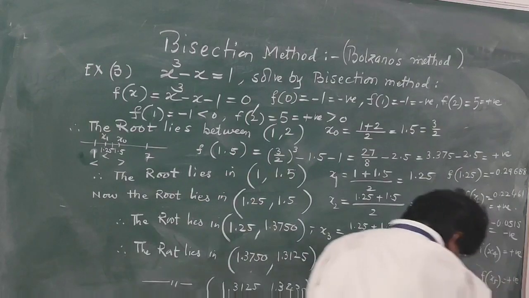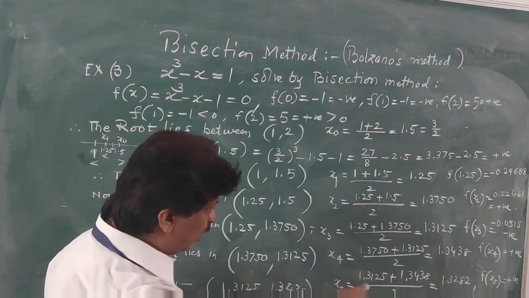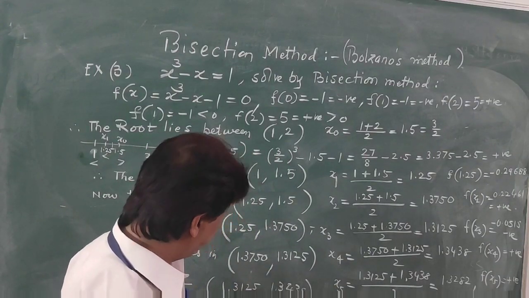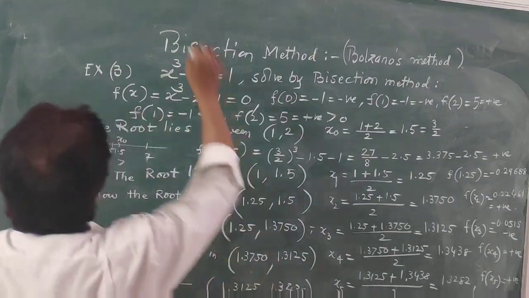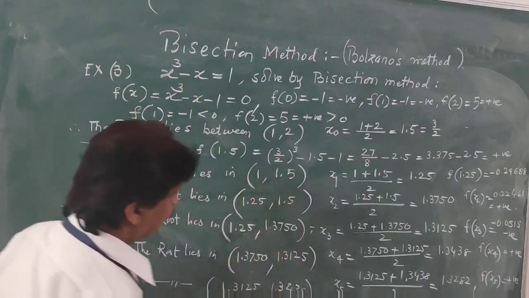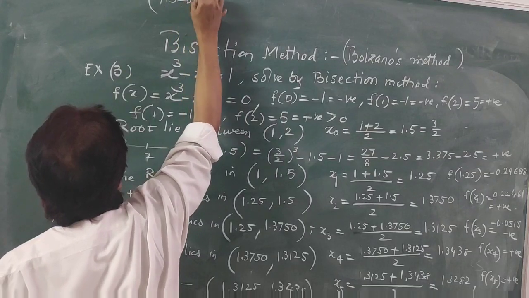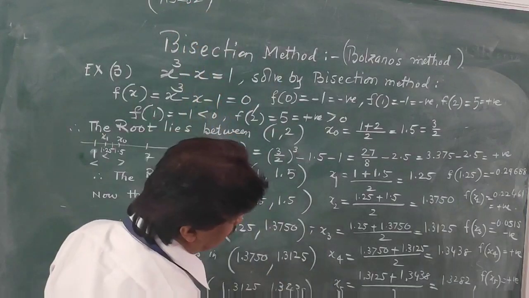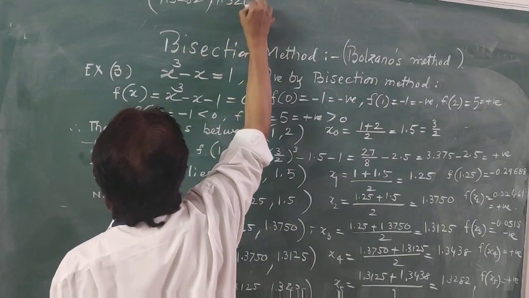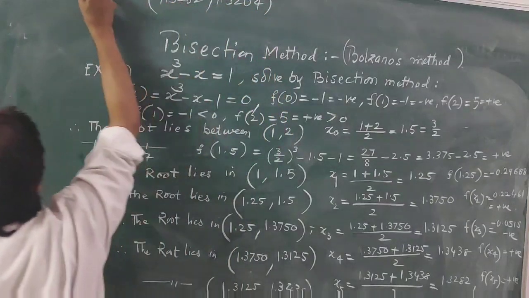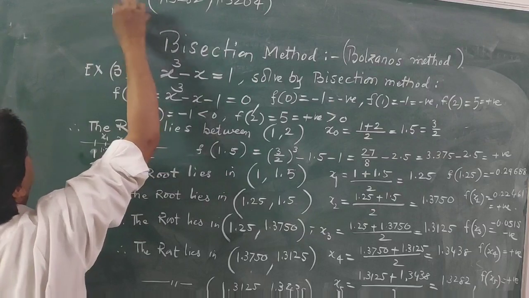It is negative. So the f value of x6 is negative and x5 is positive. So the root lies between x5 and x6. x5 is 1.3282 and x6 is 1.3204. The root lies in this interval.